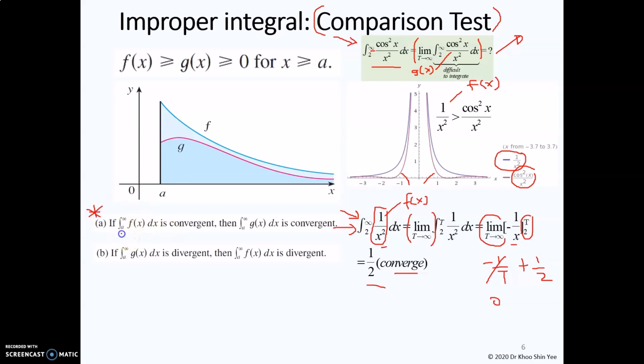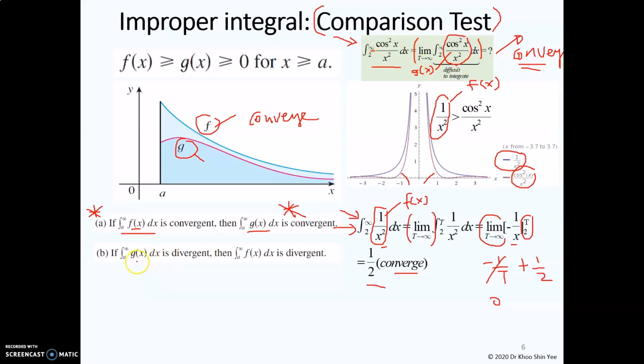You can see that if the function fx, where fx must be greater than gx in this case, is converged, like the case here, then the gx below will be converged as well. Therefore, from here we can say that this integration will be converged without computation of this complicated integration.